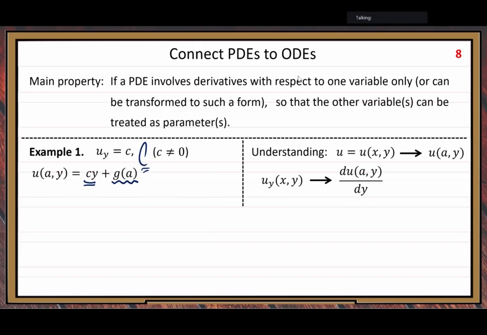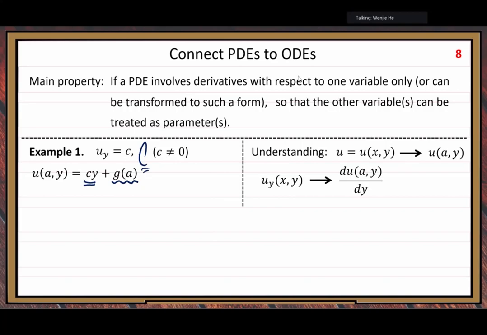All right, so the solution is quite there. But we need to write it because our goal is to write our solution as a function u of x and y, two variable functions.